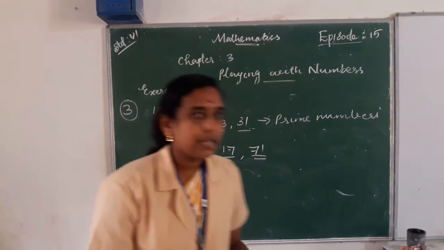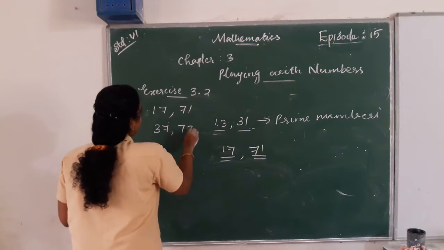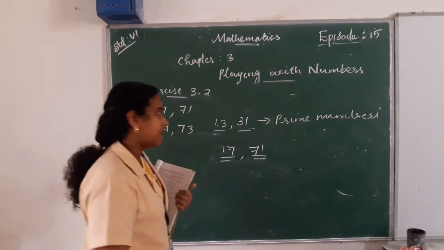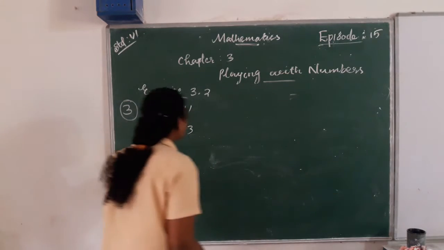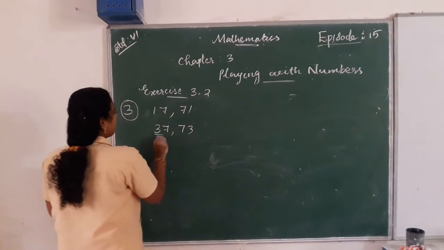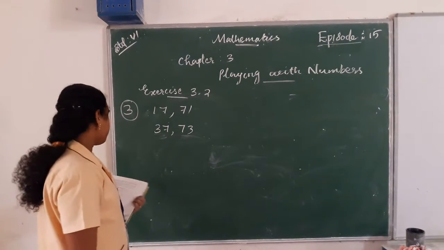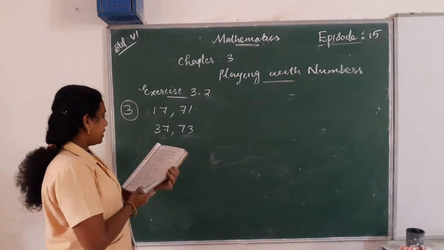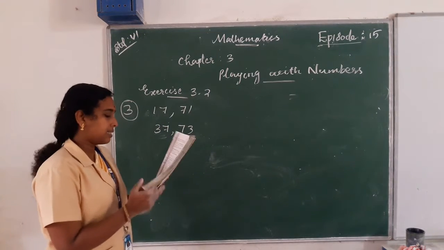And the next pair is 37 and 73. 37 and 73 are prime numbers because they have two factors. So 37 and 73 have the same digits. These are pairs like 13 and 31 and 17 and 71.